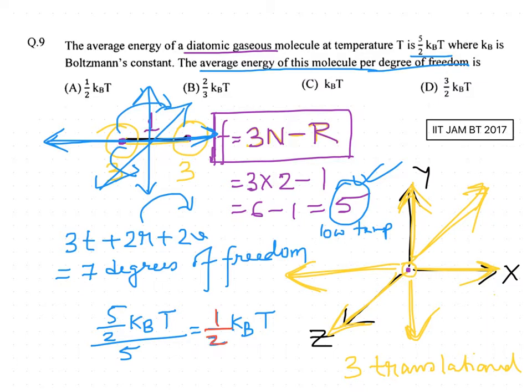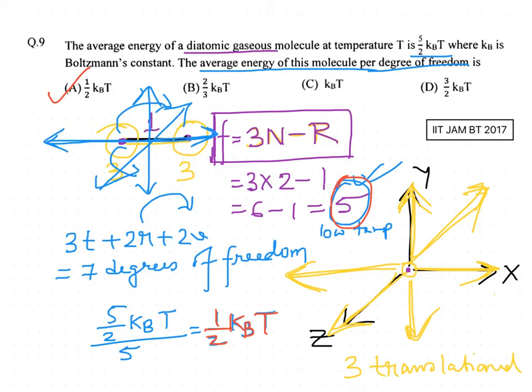So this is our average energy of the molecule per degree of freedom, and that is option A, half kBT.